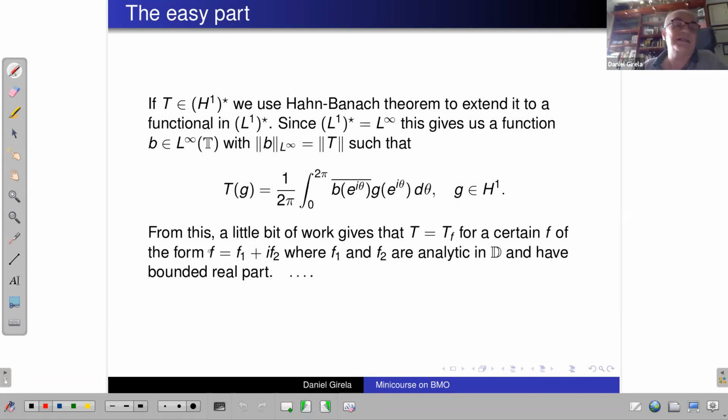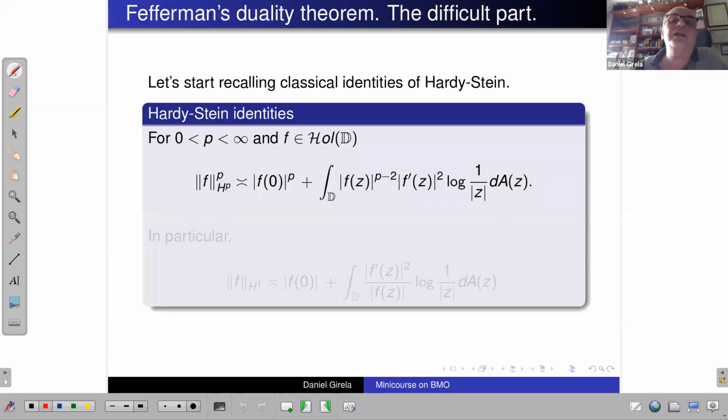I'm going to present a proof which is maybe not the most known proof. For instance, it is different from the one that I presented in the manuscript that I have uploaded. Let me start recalling something which we are going to need in the proof, the so-called Hardy-Stein identities.